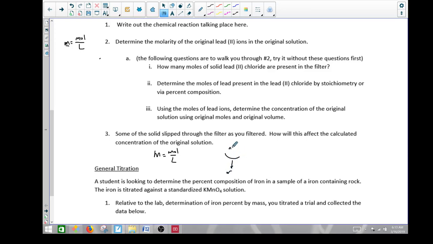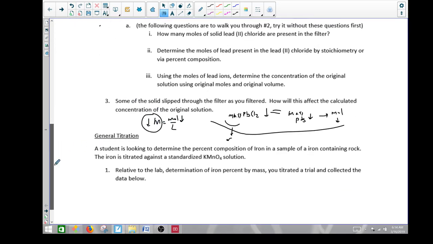So the mass of the PbCl2 is lower, which causes our mass of Pb to be lower, which causes our moles to be lower, which causes this to go down, which causes this to go down. Therefore, our molarity is smaller. You should be able to describe that particular phenomenon.